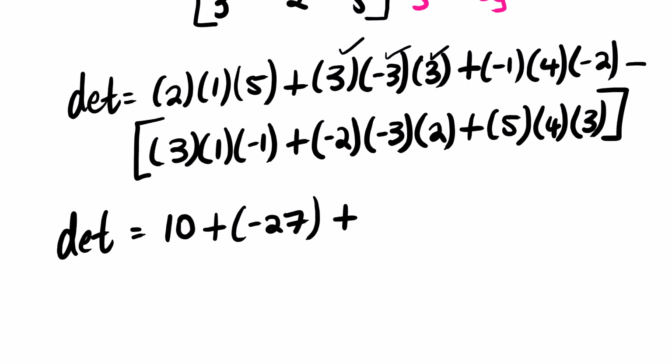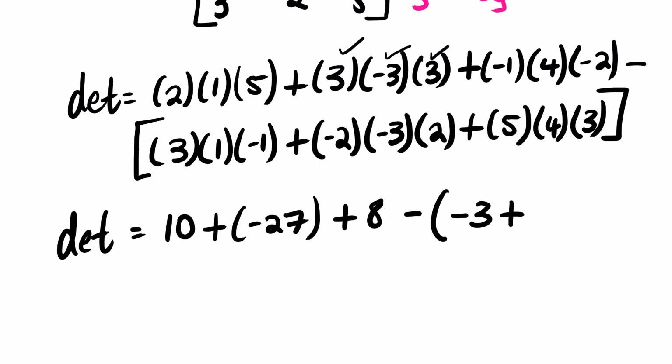Plus negative 1 multiplied by 4 multiplied by negative 2, it's positive 8. Minus, we are looking at our second diagonals. 3 multiplied by 1 multiplied by negative 1, it's negative 3.